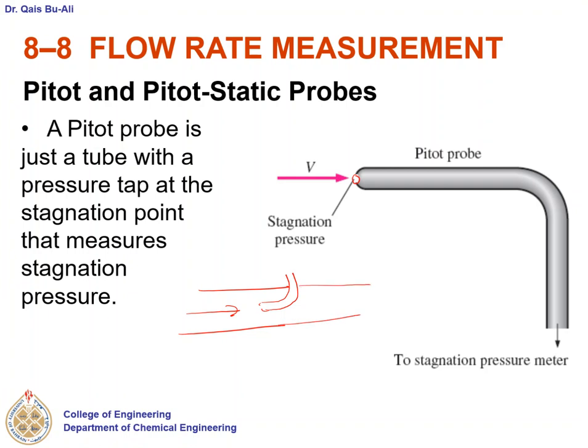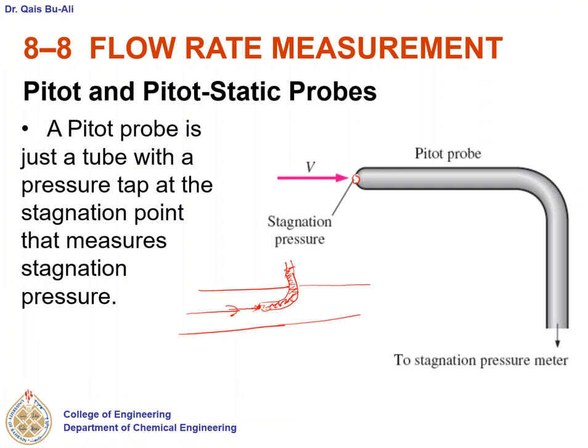The fluid is going to go inside, filling this tube to a certain height. And once the tube is filled, the fluid that comes later cannot go inside anymore because it is full. So the fluid will just stop here.